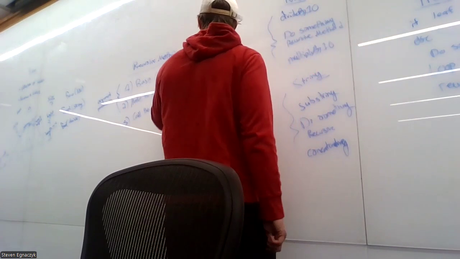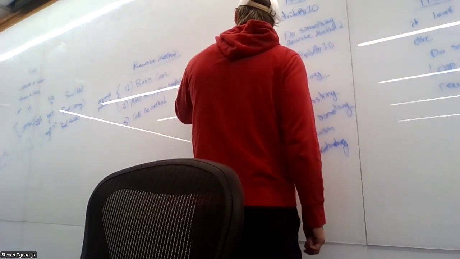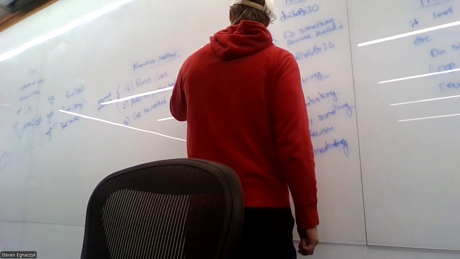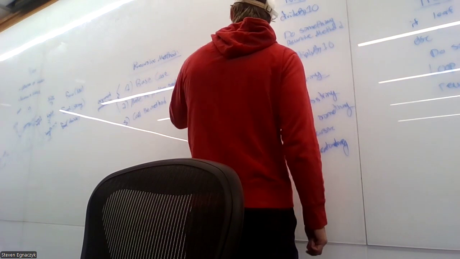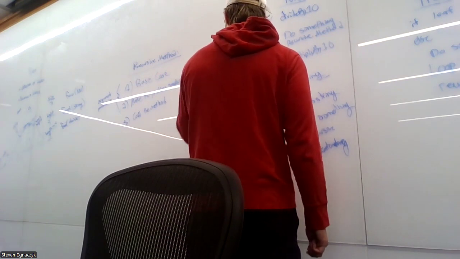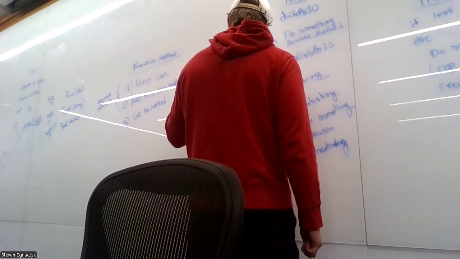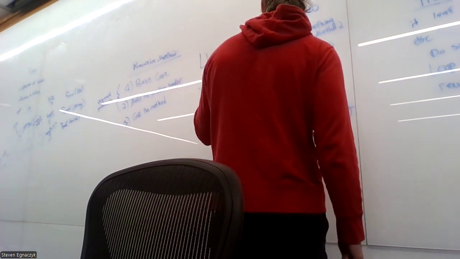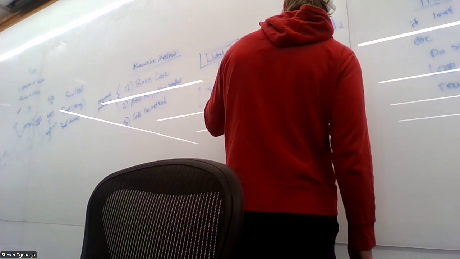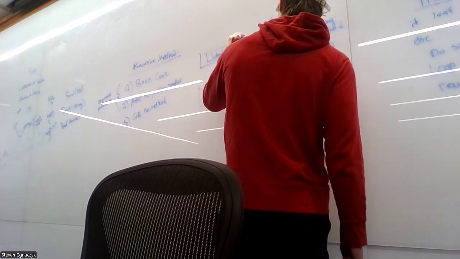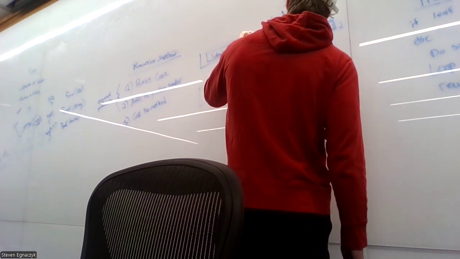Remember that dot label will return the label if it is a label node, or it will return the text if it's a content node. So you can call it on both a tag node and not a tag node, but what it will return is different.